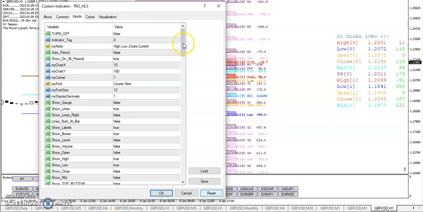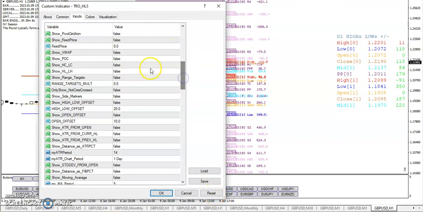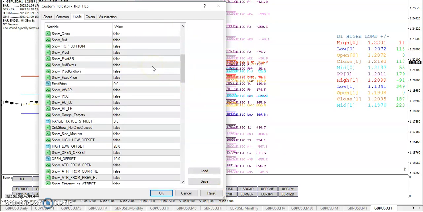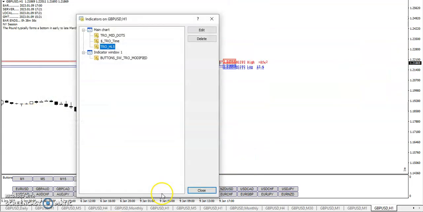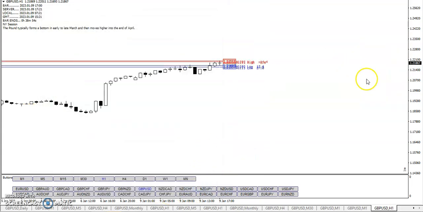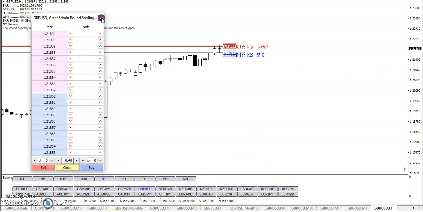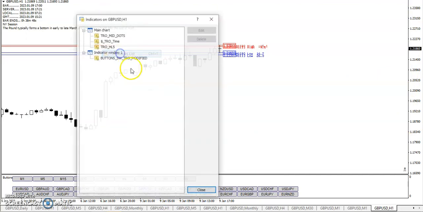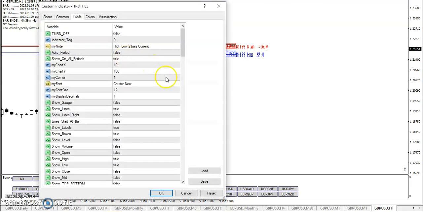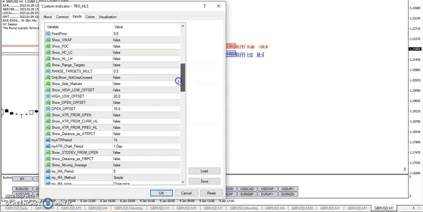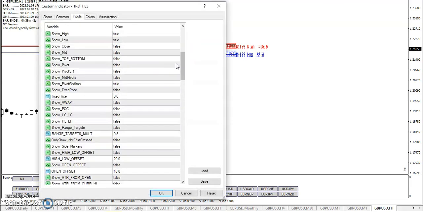So I'm going to go ahead and reset it and then show a few other things. The pivot gridiron. But in order to show the pivot gridiron, I do believe you have to have the pivots turned on.